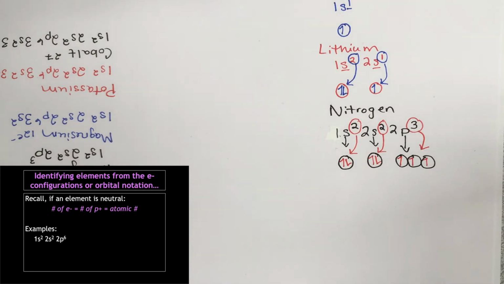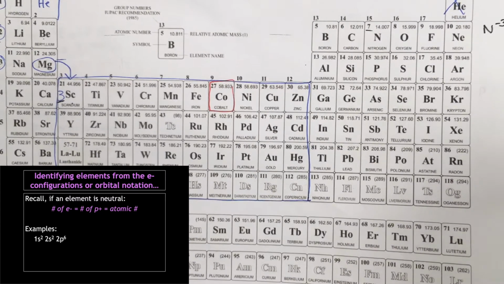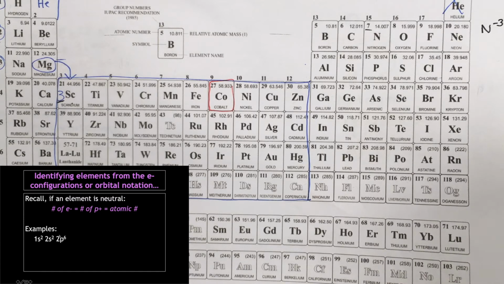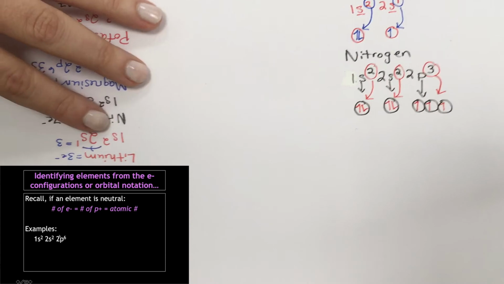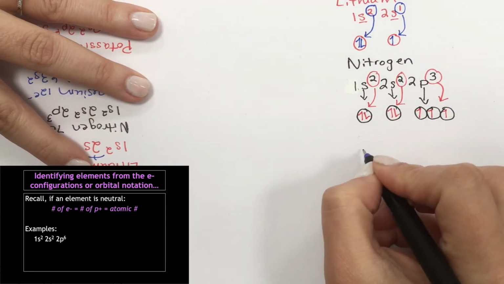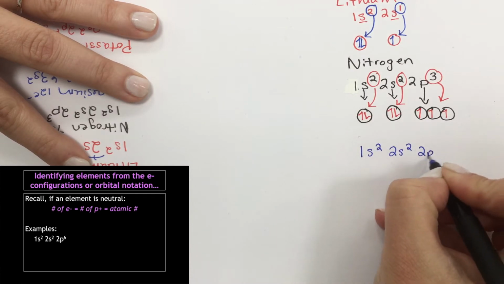So this looks like it's neon. We're actually identifying elements from the electron configuration. How I identify an element is I look at the last 3 things on the electron configuration. On the PowerPoint, you'll see it says 1s2, 2s2, 2p6.